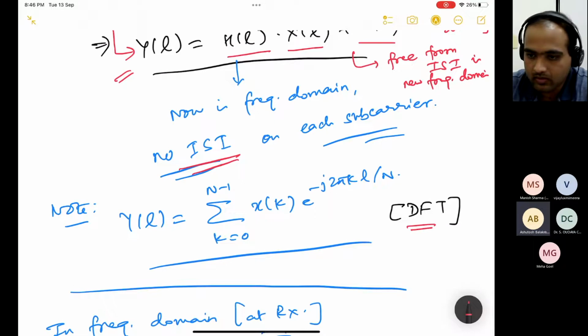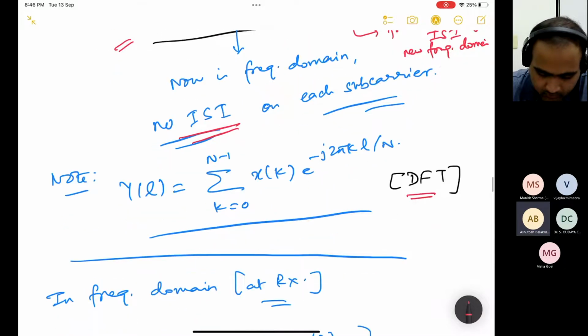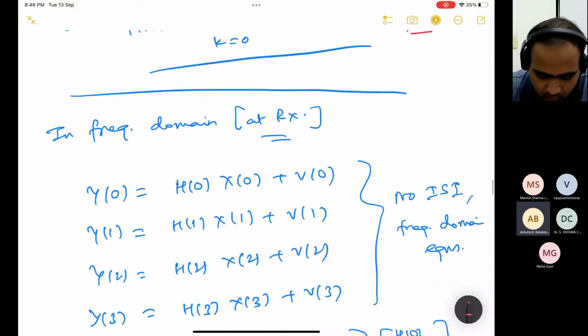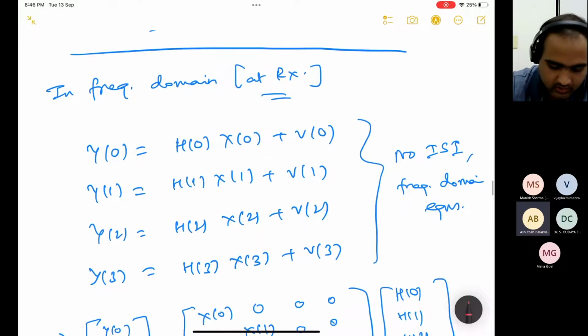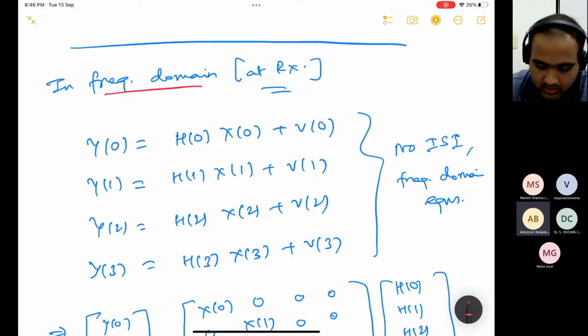So let's not bother about the formulas right now. When we solve the numericals, we'll use these formulas. Essentially, what we are saying is that in the frequency domain, we have y0 is h0 x0 plus v0.